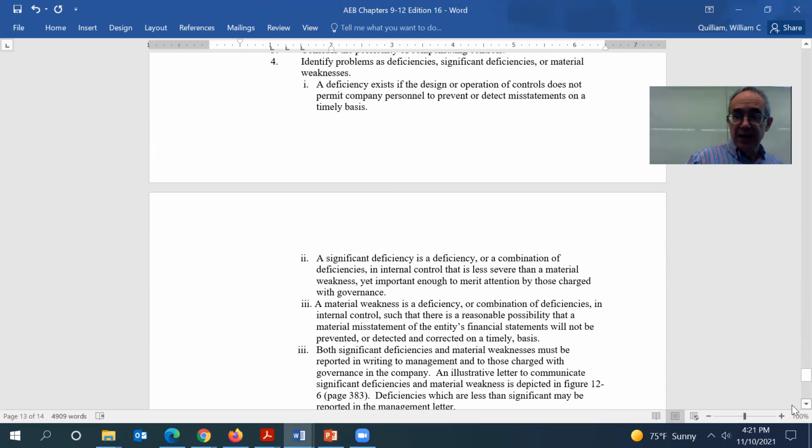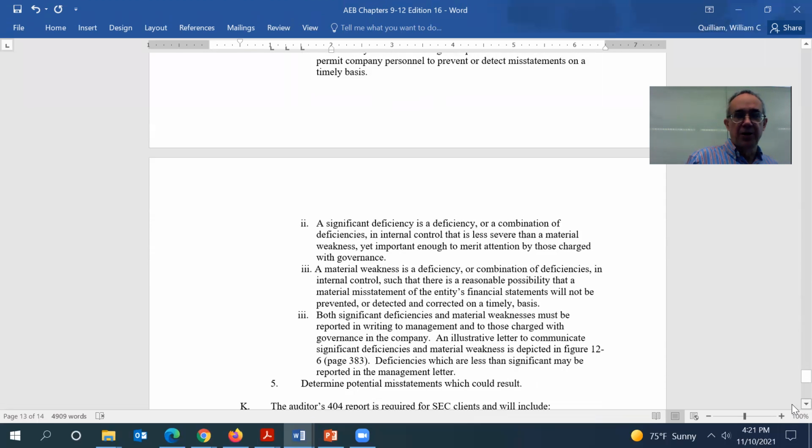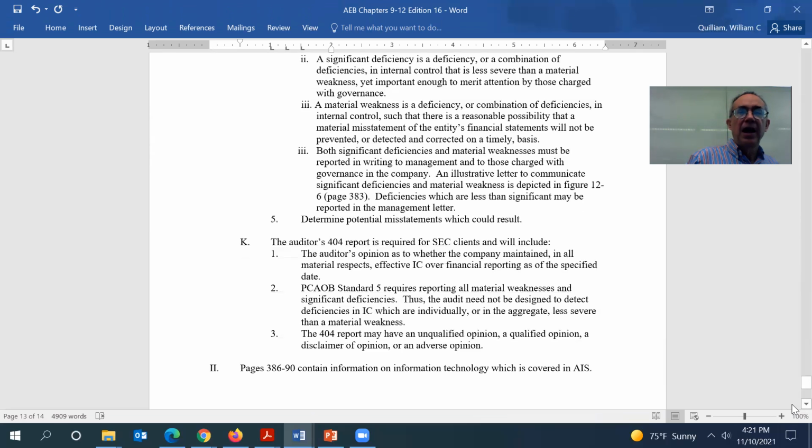Then we have second here, a significant deficiency. And that's a deficiency or a combination of deficiencies in internal control that is less severe than a material weakness, yet important enough to bear attention by those charged with governance, like the audit committee, like senior management.